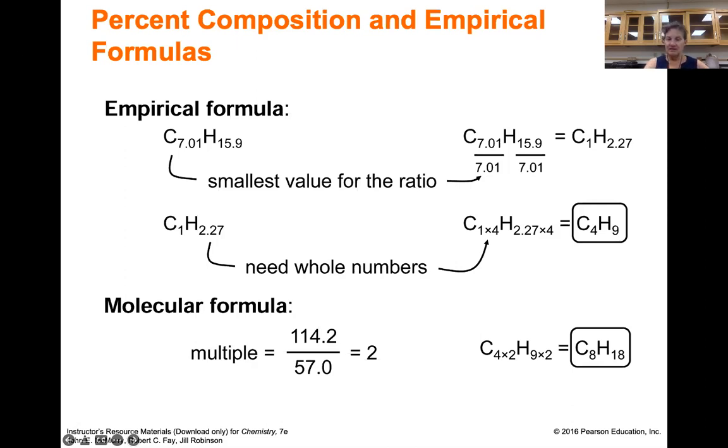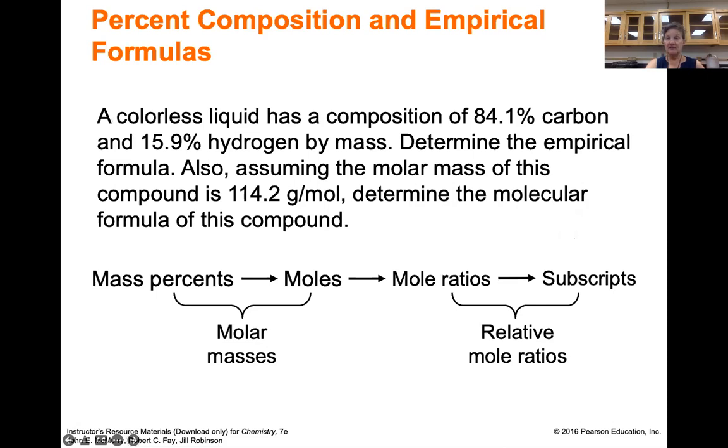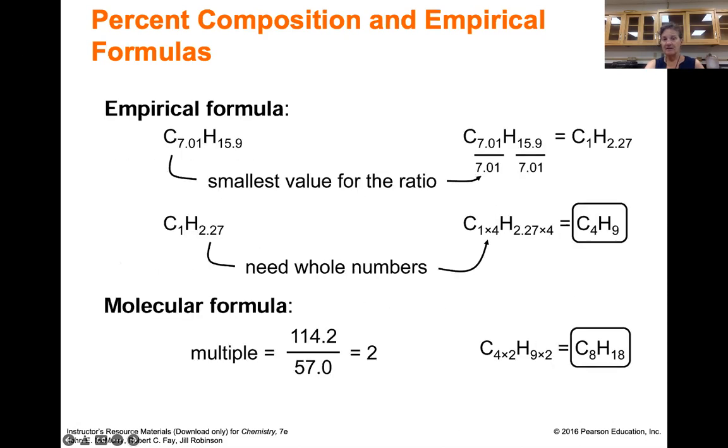We saw in the problem that the actual molecule's molar mass is 114.2. And so if you have 114.2 and you divide it by 57.0, 57.0 is the mass of C4H9, the empirical formula. So we're checking to see how many empirical formula units go into the molecular formula unit.